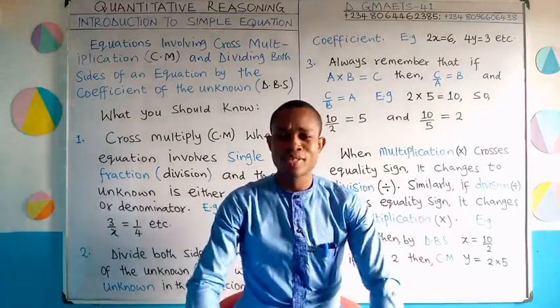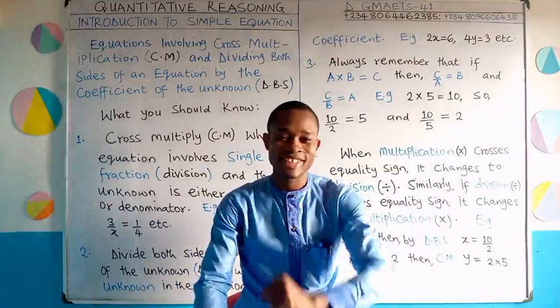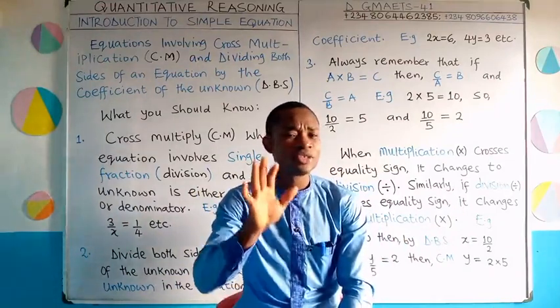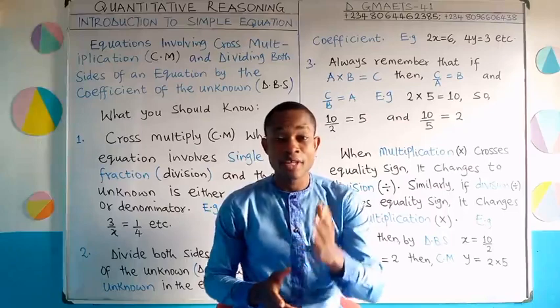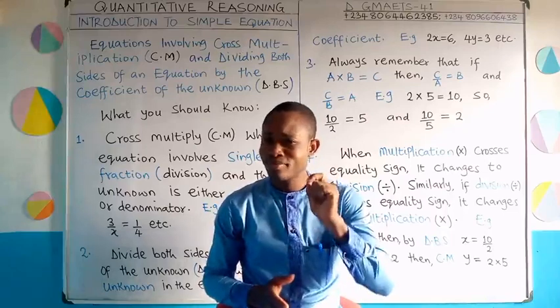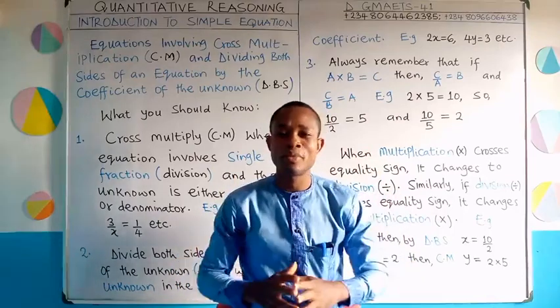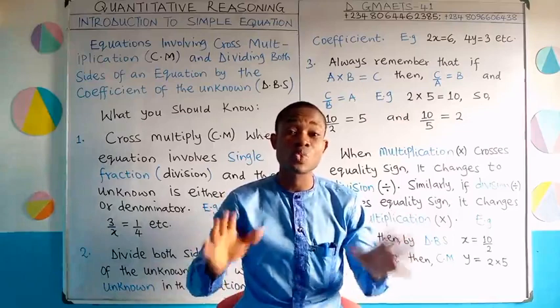So today, what is the wonderful package that I have for you? Can we go to the board and see what we are going to learn today? After today's class, you will not have problems or challenges in simple equations anymore, and quantitative reasoning would become 1 plus 1 to you.